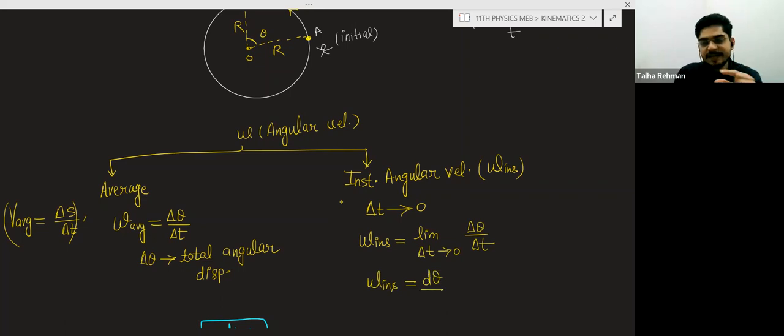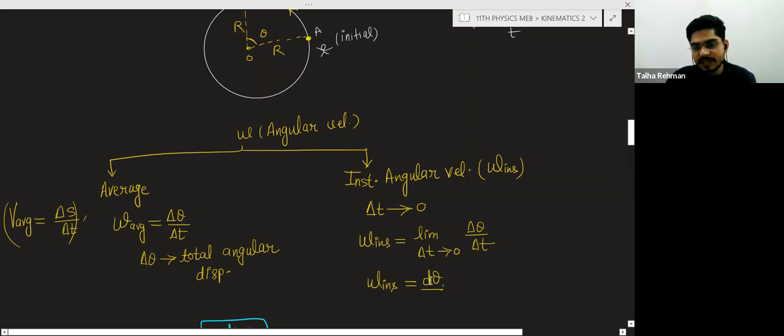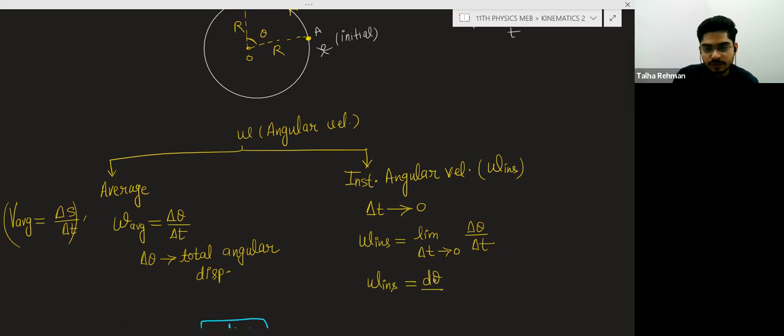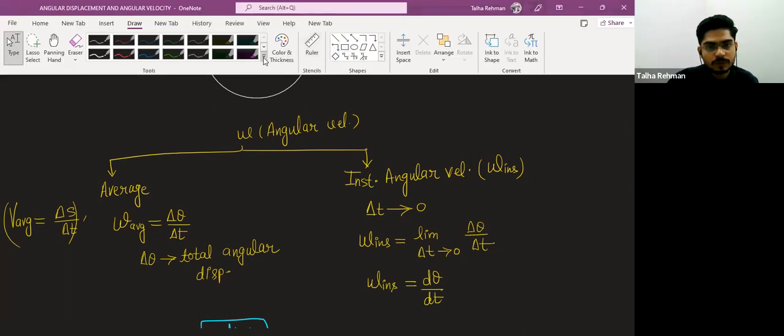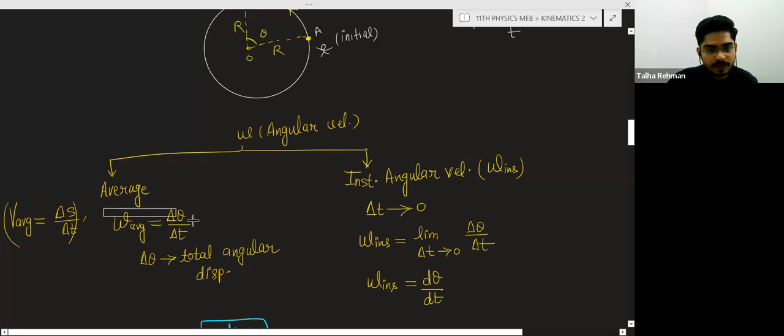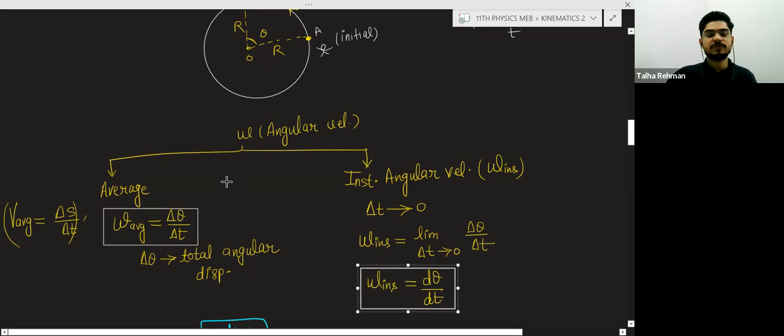Because delta t is very small, so in that delta t, d theta is very small. A very small quantity we represent with d theta. So omega instantaneous is d theta by dt. So remember this.